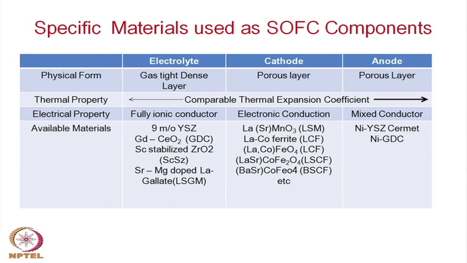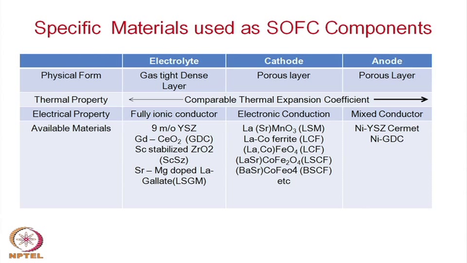There are a couple of polymorphic forms, and it goes through a phase transformation somewhere around 600 degrees. The higher temperature phase is more electronically conducting than the lower temperature phase. So, if you want to stabilize the high temperature phase, you can dope with strontium, and the high temperature phase gets stabilized, and also the conductivity increases.